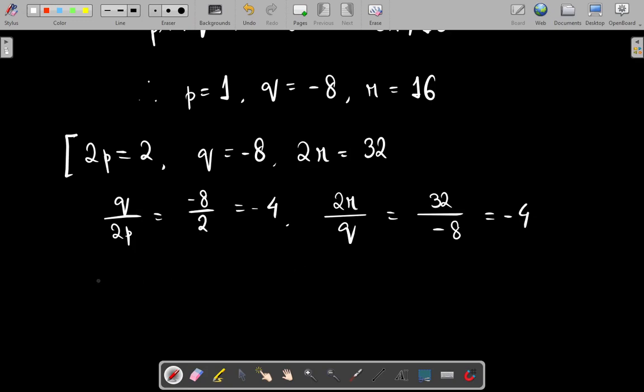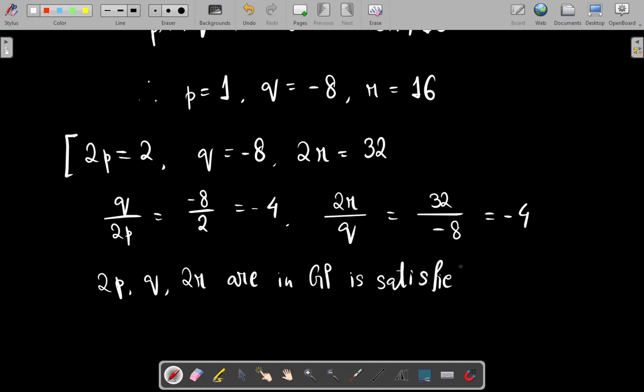So our condition that 2p, q, 2r are in GP is satisfied for these three values. This is the extra part, which is not needed in the question.